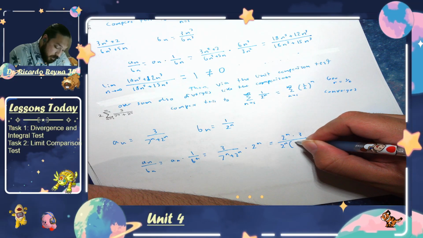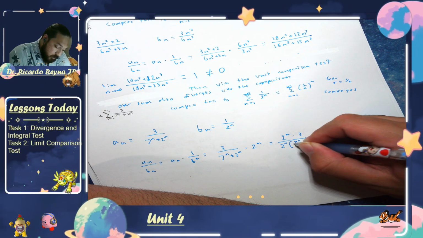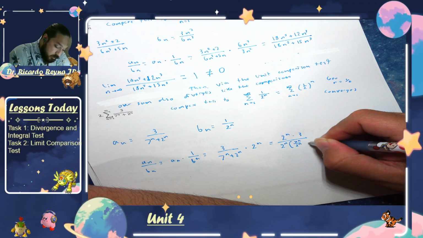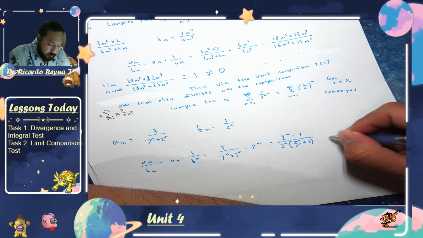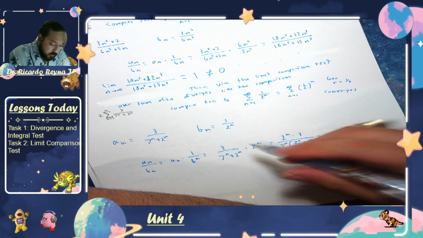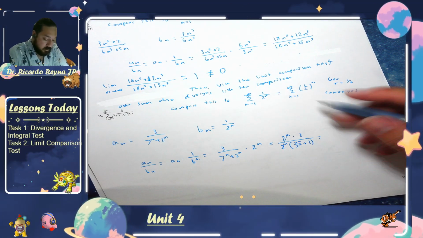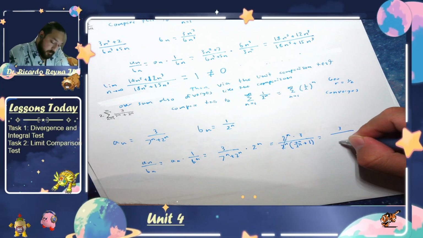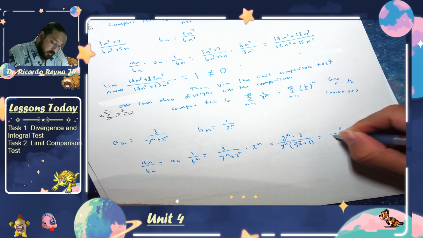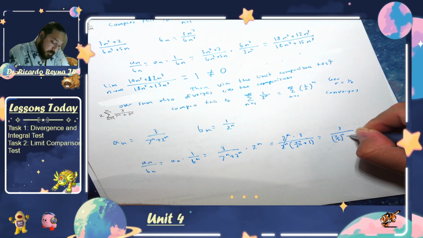So it's going to be 7^n over 2^n plus 1. They're going to cancel out, and you're left with 3 over (7 over 2)^n plus 1.